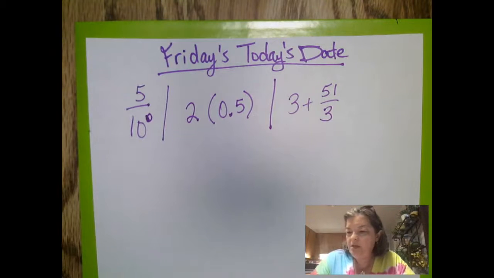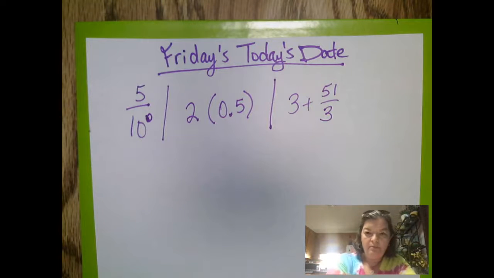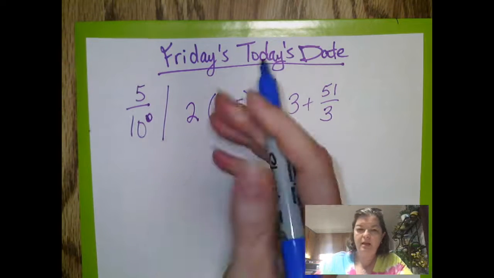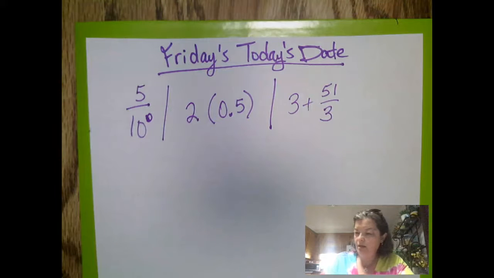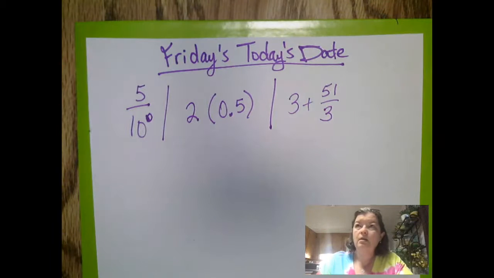So we've got 5 divided by 10 to the 0th power. I wonder if any of y'all remember what the 0th power would be. Basically you're not multiplying this number by anything. And whenever you're working with multiples, I like to think of addition.